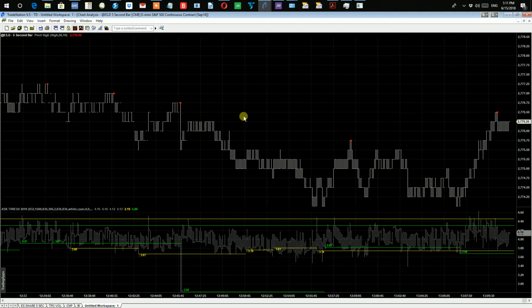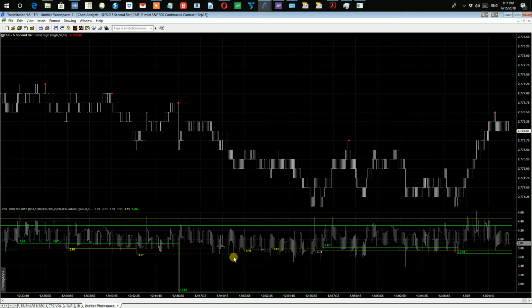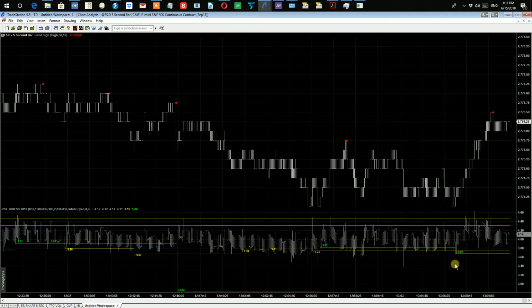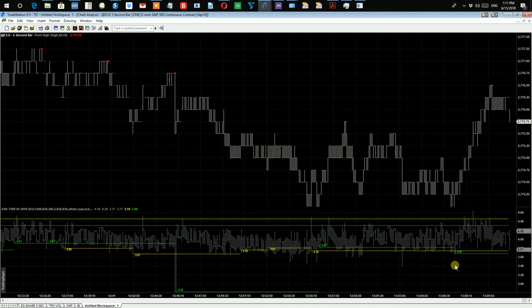And there you have it. Now, of course, when it comes to getting the plot here, it's still going to take you 2 5-second bars before it actually shows up and plots on the screen.